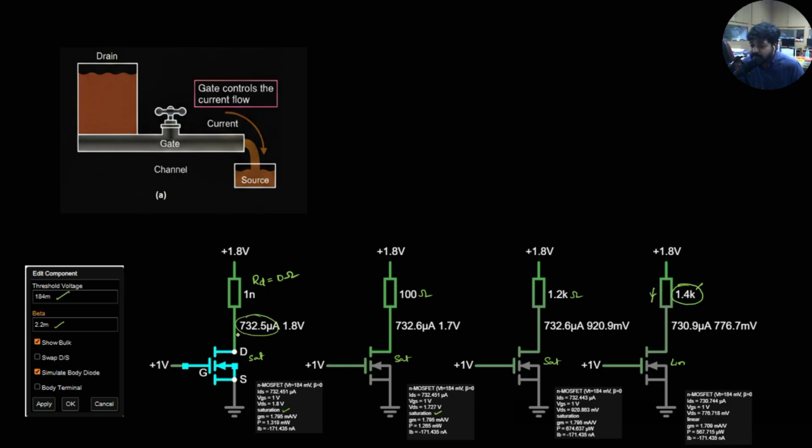When the current expected by the transistor can be supplied by the biasing circuit, definitely the transistor will be operating in the saturation region. But in this case, the transistor won't be operating in the saturation region. That might be for only one reason: a huge value of resistance is connected over here, which limits the current and does not supply the amount of current required by the transistor.